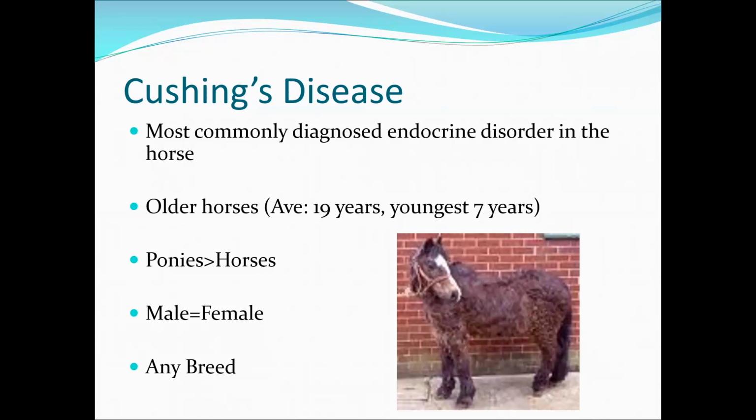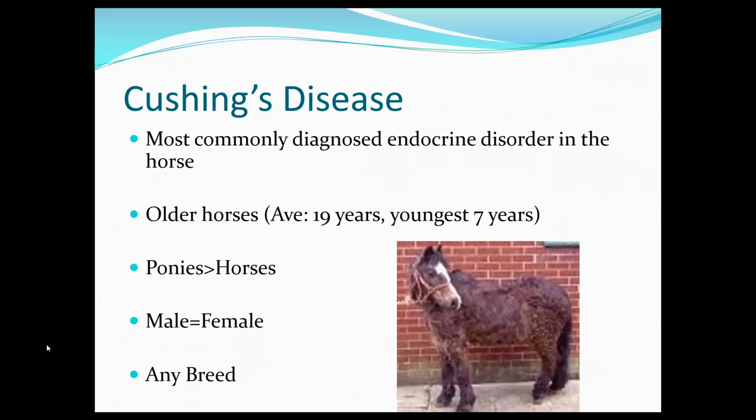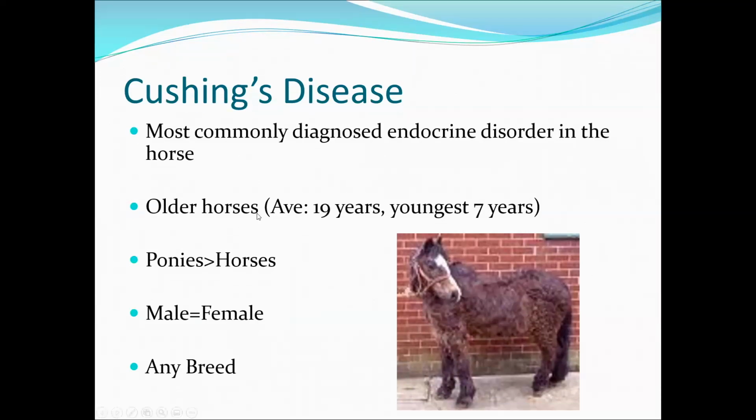We do see it more commonly in ponies than horses. It doesn't matter if they're male or female, they can be equally affected. And really, we can see this in any breed. I've probably diagnosed it in just about every breed we see. Certainly minis seem to be more predisposed, but we can see it in almost anything.